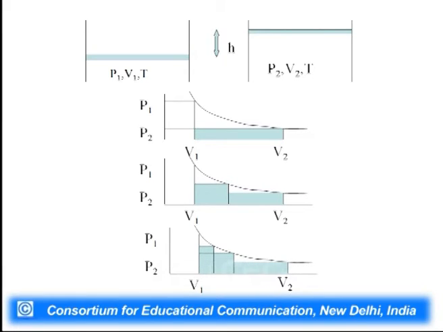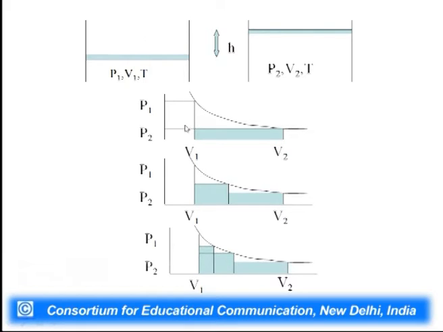Now, let us think about what will happen if I try to carry out this expansion in 3 different steps. Suppose we are going from P1 V1 T to P2 V2 T. So, expansion is from V1 to V2.